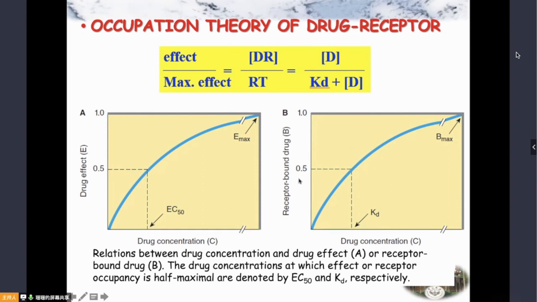But in the drug concentration binding curve, here is Kd. In some situations, Kd can equal EC50, but in some other situations, Kd does not equal EC50.